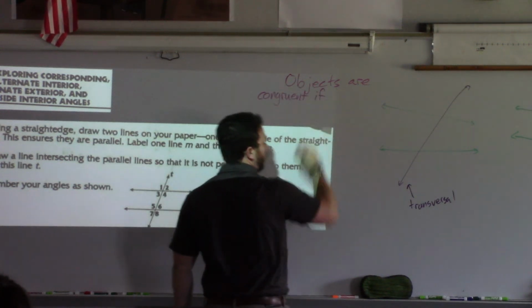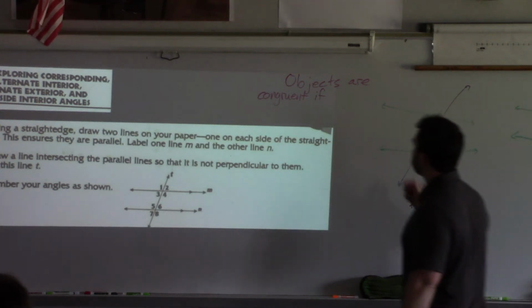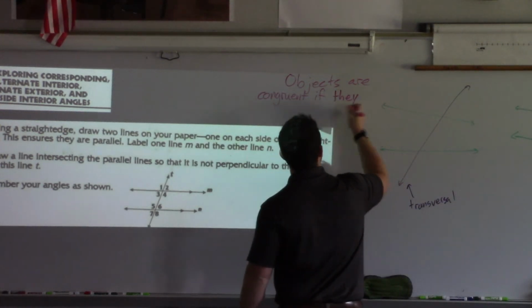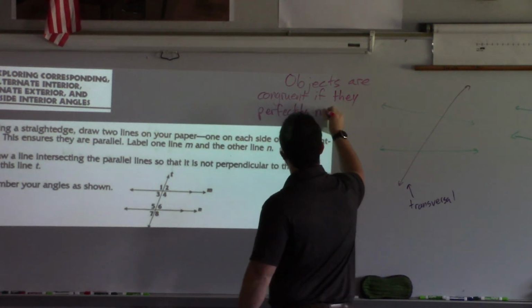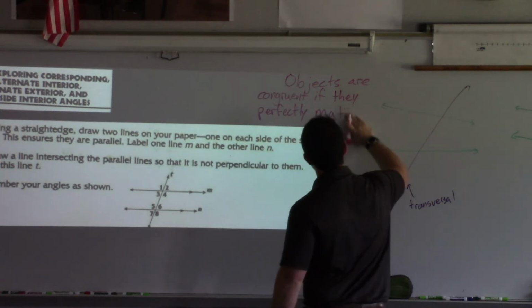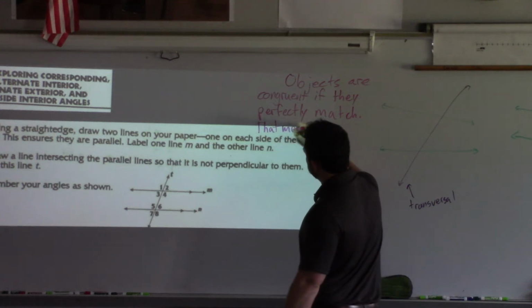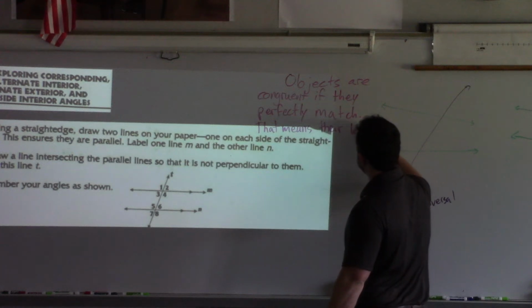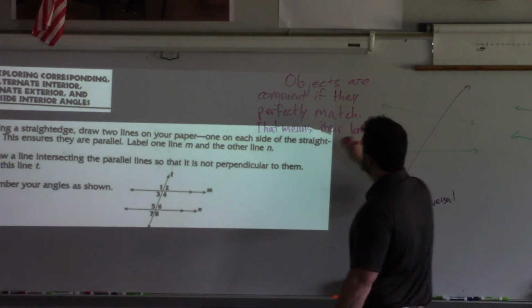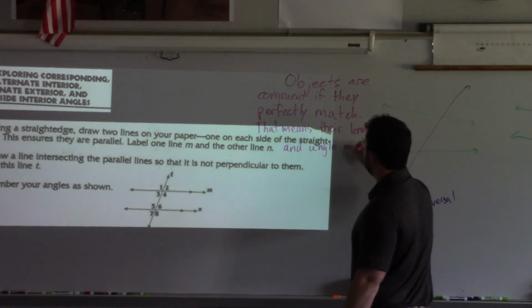On the orange paper, I would write this under congruent or congruency. Objects are congruent if they perfectly match. That means their lengths and angle measures are the same.